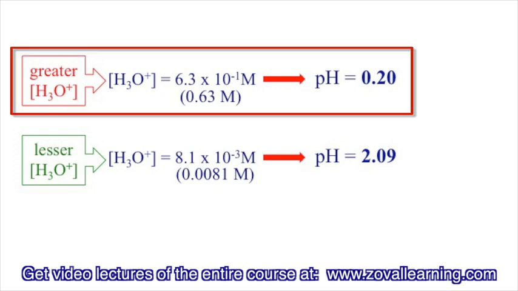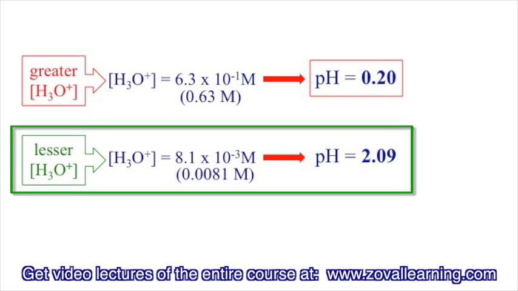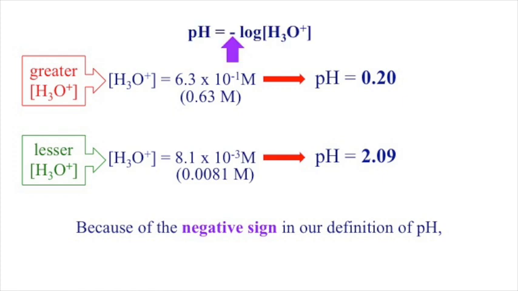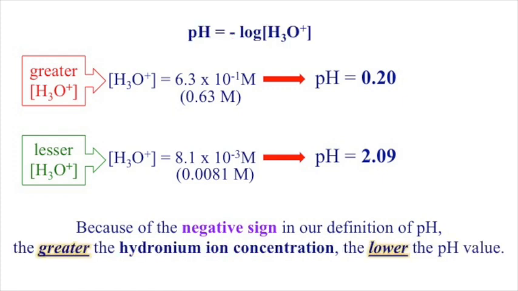Note that the greater hydronium ion concentration gave a lesser pH, 0.20, and the lesser hydronium ion concentration gave a greater pH, 2.09. Because of the negative sign in our definition of pH, the greater the hydronium ion concentration, the lower the pH value.